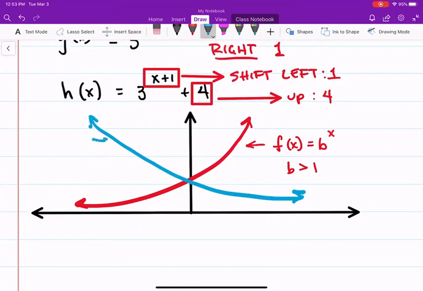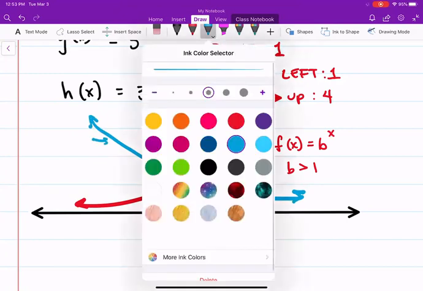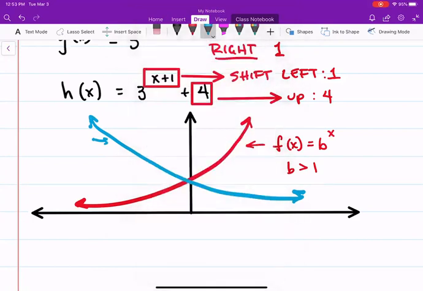And this graph here is still equal to b to the x, but b is going to be between 1 and 0.